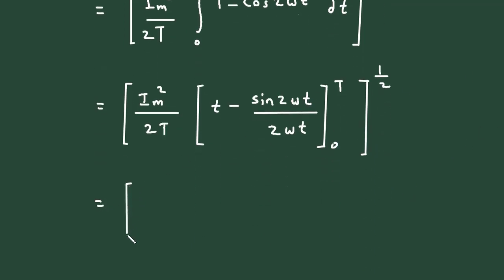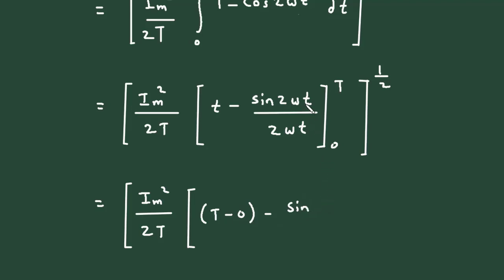So it will be again square bracket Im square divided by 2T in bracket. Now this will be upper limit minus lower limit. So upper limit is T minus 0. Then minus, now here sine upper limit will be 2 omega T divided by 2 omega. We have to replace this small t by capital T.